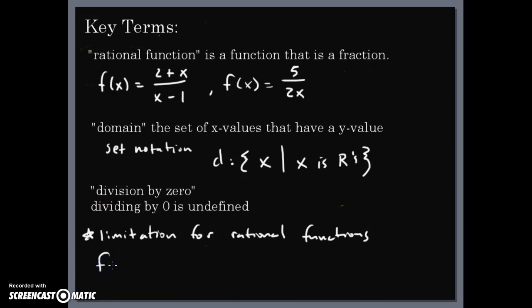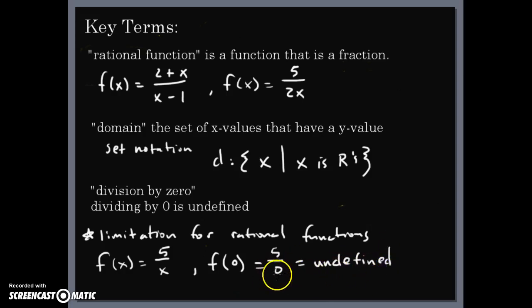Let's say that you've got this function f of x equals 5 over x, and you are evaluating f of 0, so that means you're going to put 0 in for x, which equals 5 over 0. So 5 divided by 0, where you have 0 in the denominator, equals undefined. Anytime you get undefined with a rational function, that's a number that is not part of your domain.